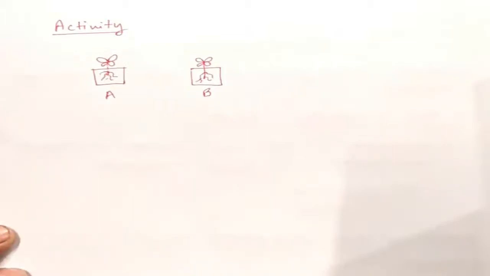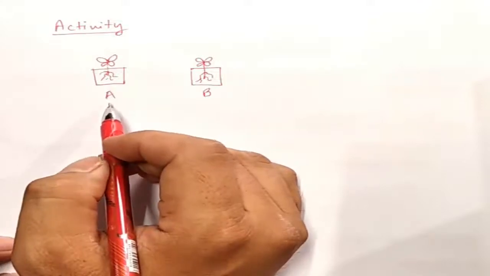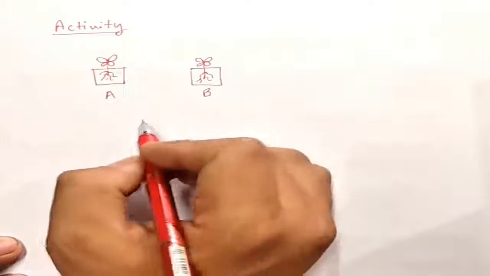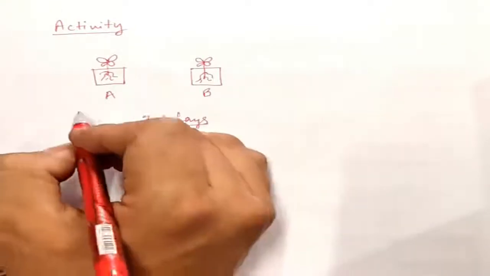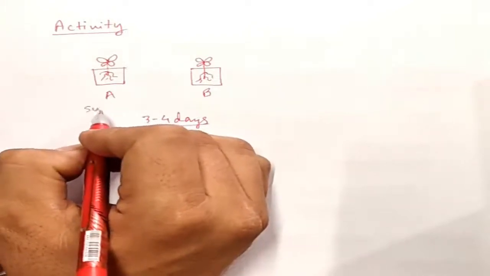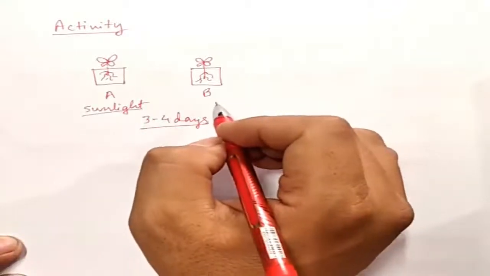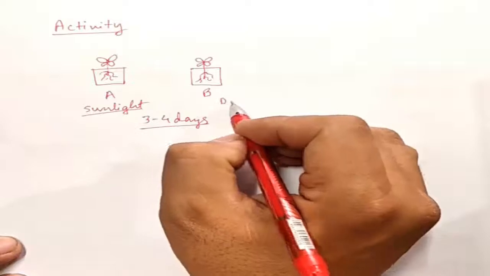Let's keep this potted plant A in the sunlight for 3 to 4 days, and this potted plant B will be kept in a dark room.